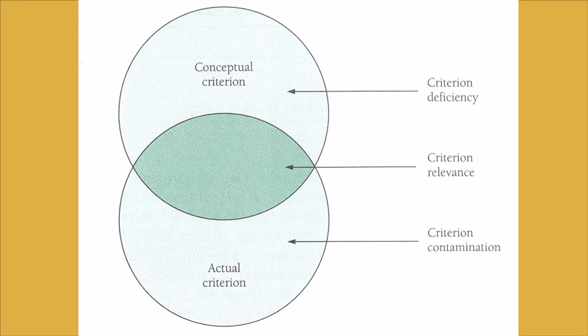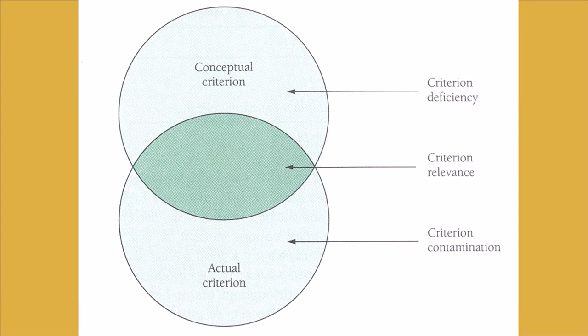The conceptual criterion is the performance in its ideal form. It is everything that the job requires the employee to do. The actual criterion is the measure of performance, which may or may not accurately represent the conceptual criterion.